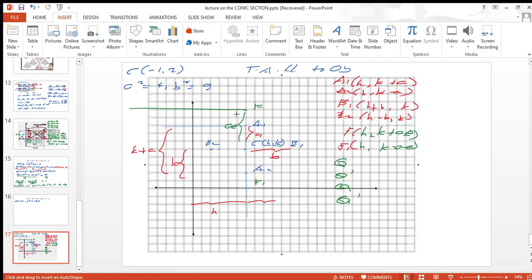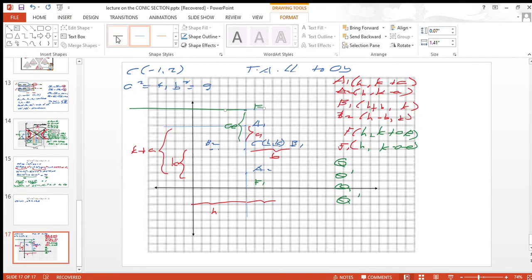It will always be perpendicular to your transverse axis. So this will now be one latus rectum through F. So this is another latus rectum.